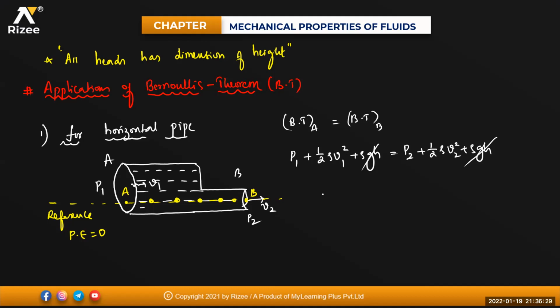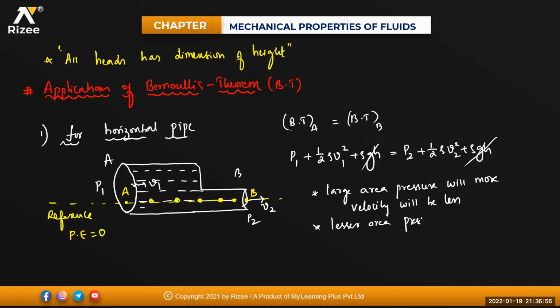Wherever the area is larger, the pressure will be more. Okay, so you can note one point here: large area, pressure will be more, velocity will be less. And lesser area, pressure will be less, velocity will be maximum.